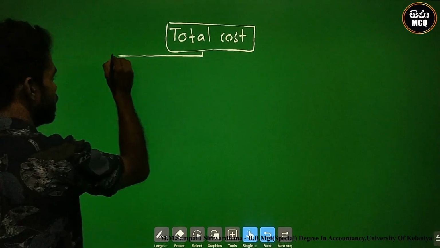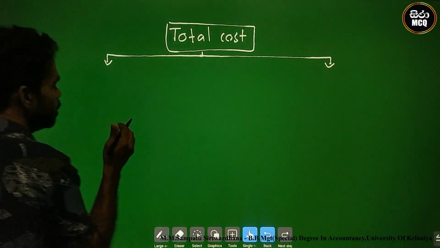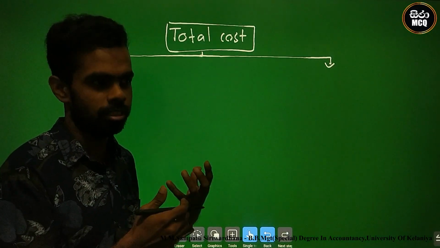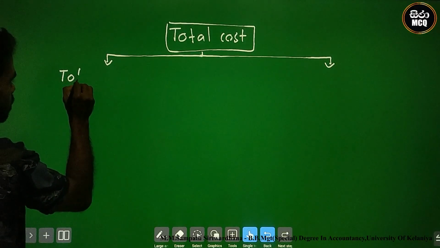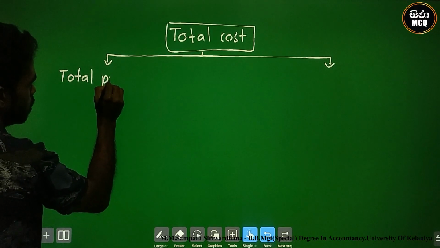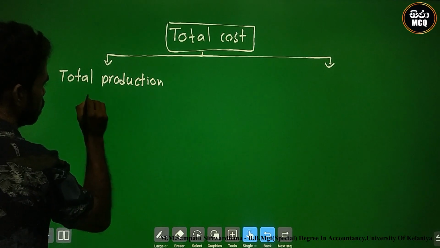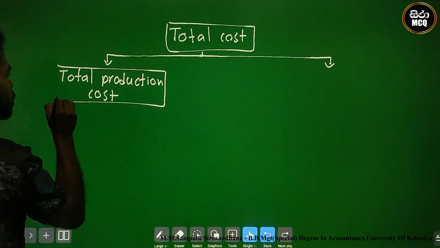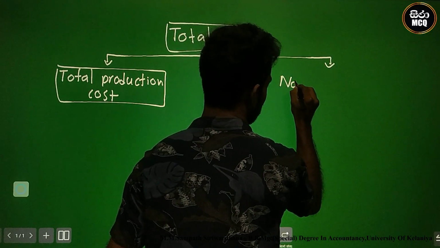There are two categorizations of total cost. Some costs are related to the production process, in that case we identify total production cost. After that we identify non-production cost.